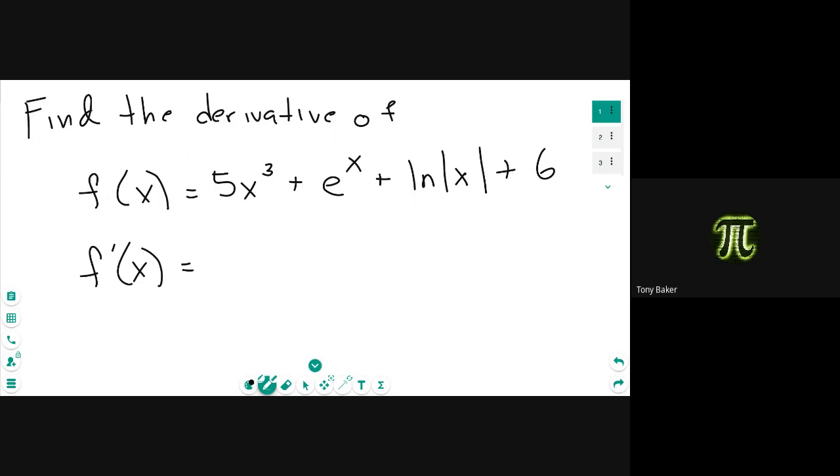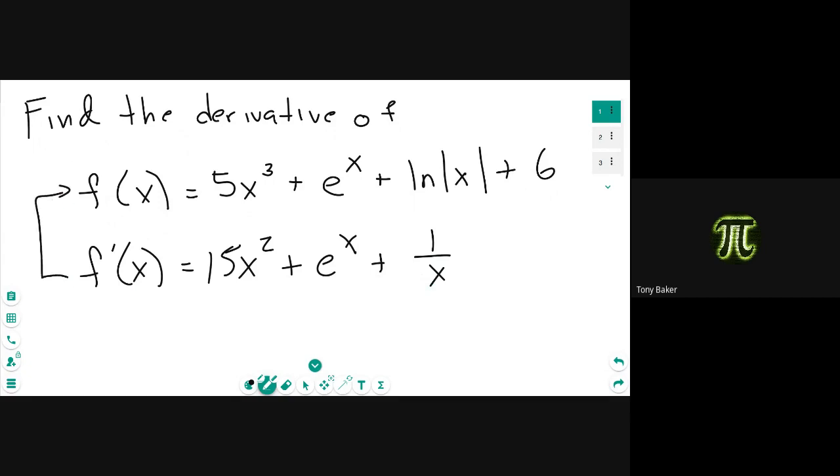All right, what's the derivative of 5x to the third? 15x squared. What's the derivative of e to the x? What's the derivative of ln of x? Derivative of 6. Okay. Awesome.